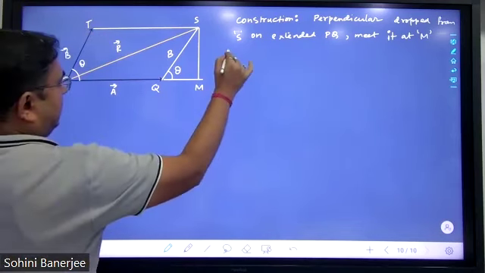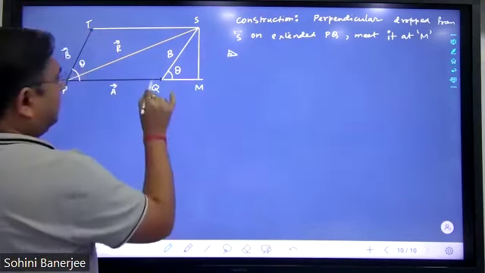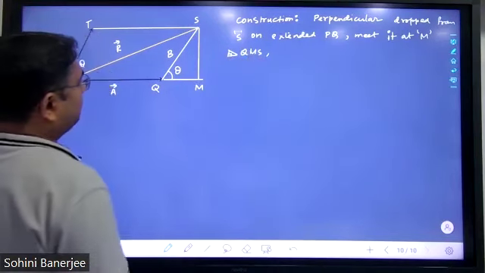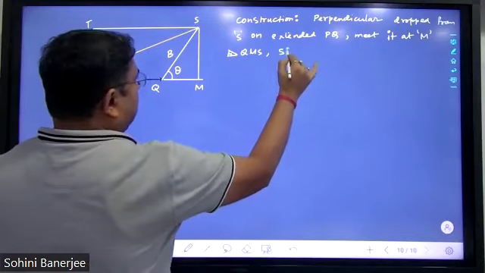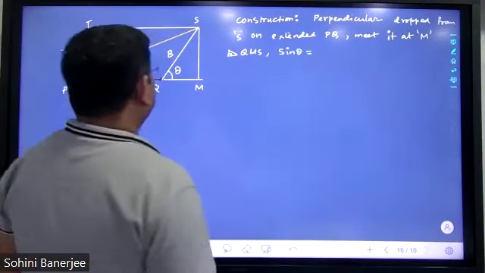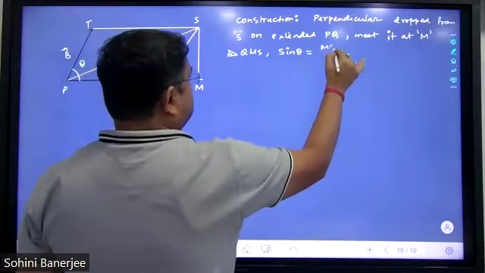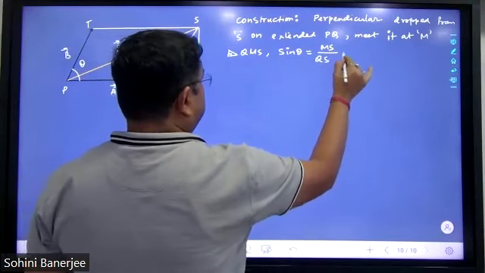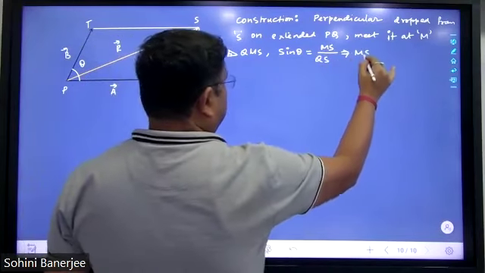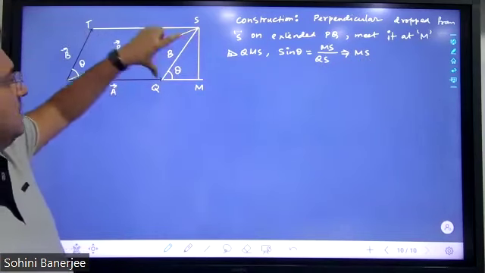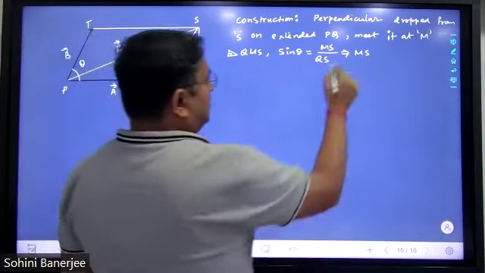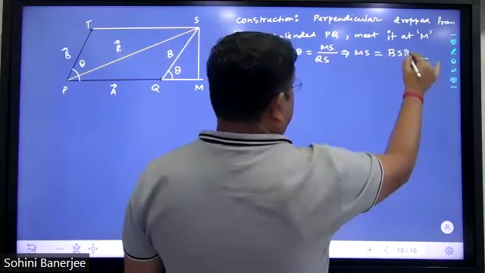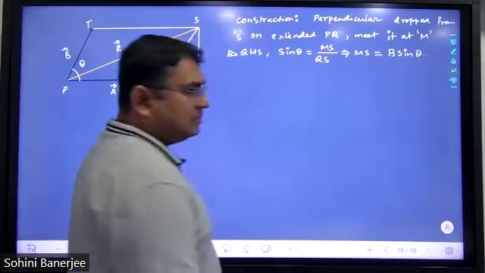So in this right angle triangle QMS, sin theta is MS by QS. And MS equals QS, which is B, times sin theta. Any doubt?